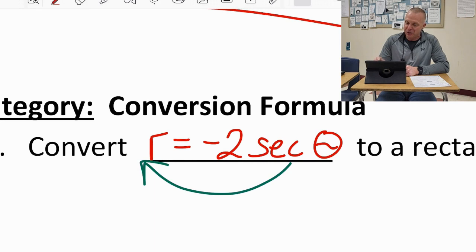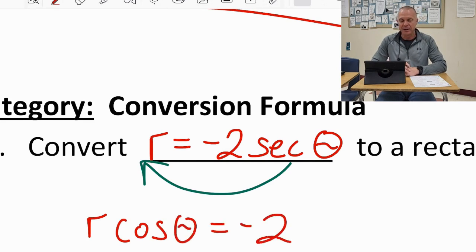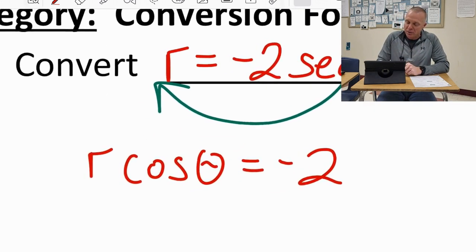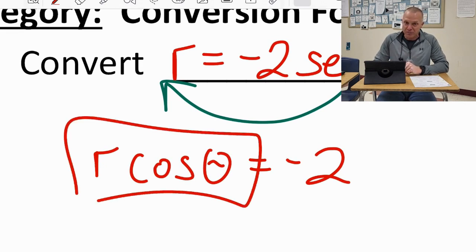At least if it's on that side, it makes it a little easier to see the formula. Now, if I divide by secant, I can write it as r divided by secant. But remember, when you're dividing by secant, that's the same thing as having a cosine. So I divide secant to the other side, but I change it back into cosine because that's what it wants to be. That's because cosine is a conversion formula.